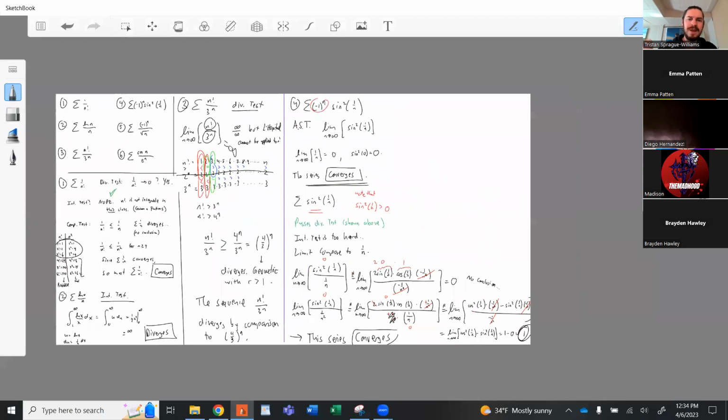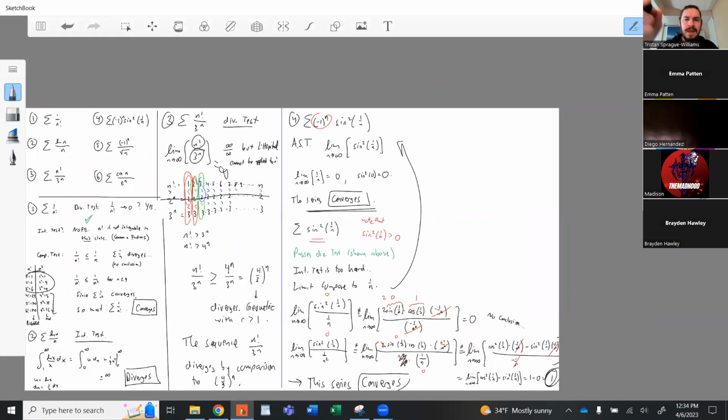So what that means about the original alternating series is that it not only converges, it converges absolutely.